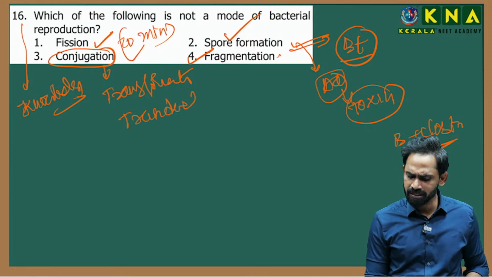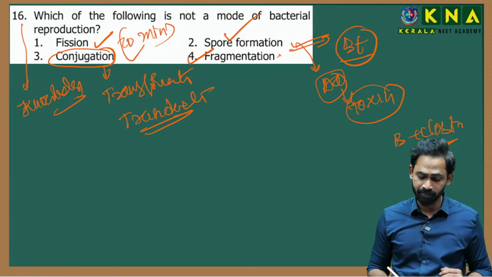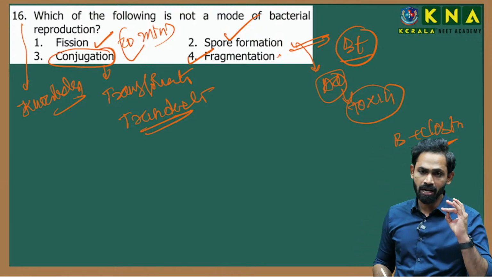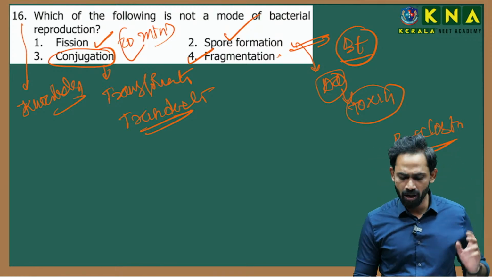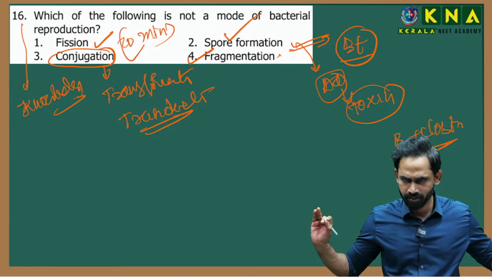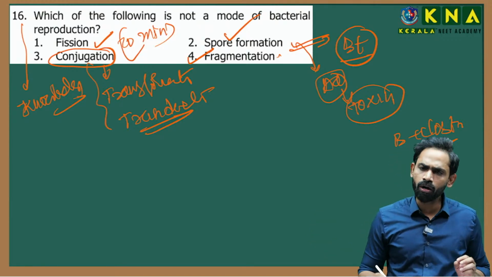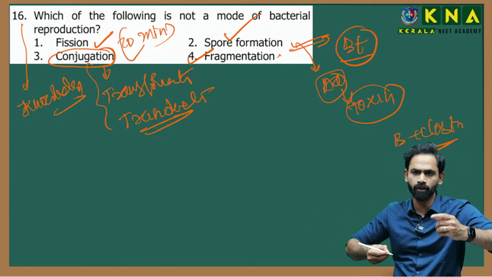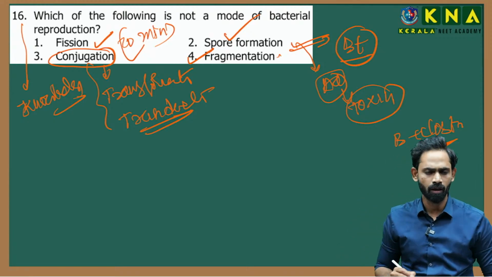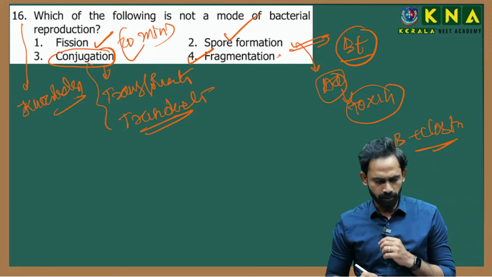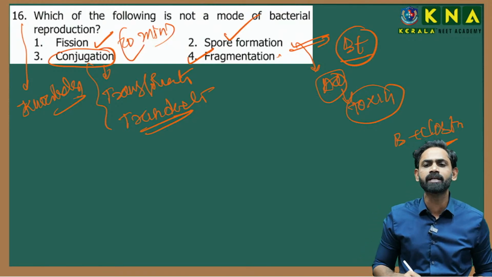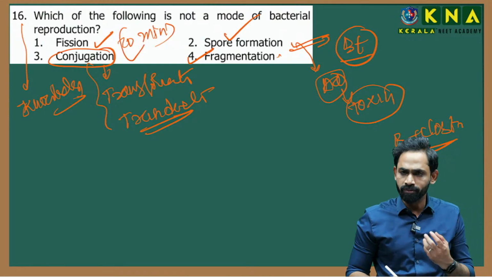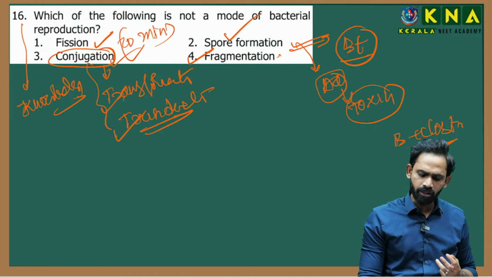There are 3 options while framing the question: conjugation, transformation, transduction. Among these, the best option is that all 3 are the answers. These are a sort of sexual reproduction. If you remember the biological classification, somewhere a sort of sexual reproduction is exhibited by the bacteria.